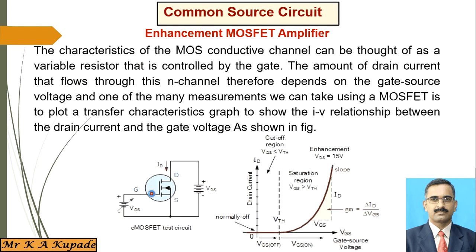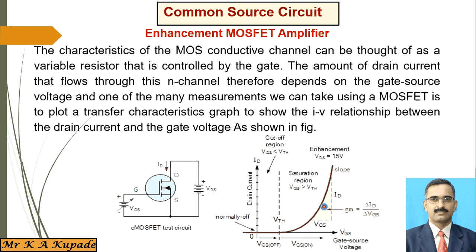Now, how it works and how it gives the characteristics of the drain current ID versus VGS, not VDS. See here, VGS, which I am showing with this pointer, the gate to source voltage.